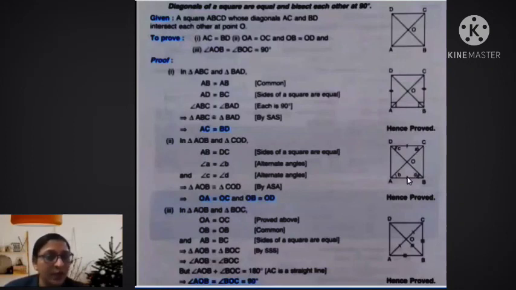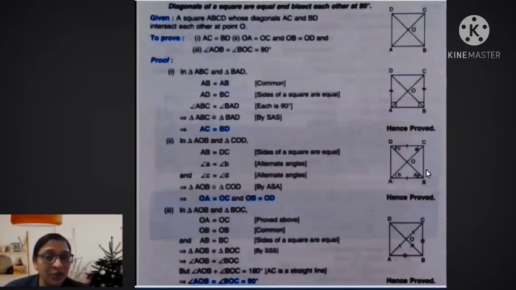Angle A equal to angle B and angle C equal to angle D. These both are alternate angles formed due to the diagonals cutting the two parallel opposite sides of the square.